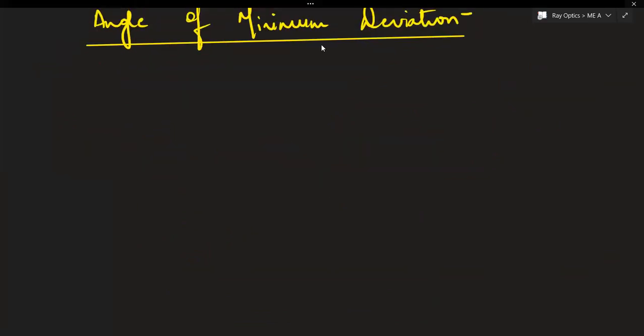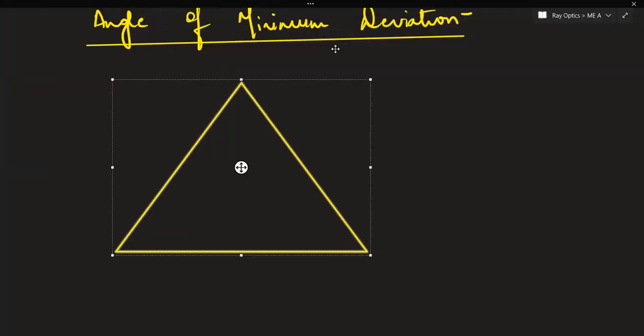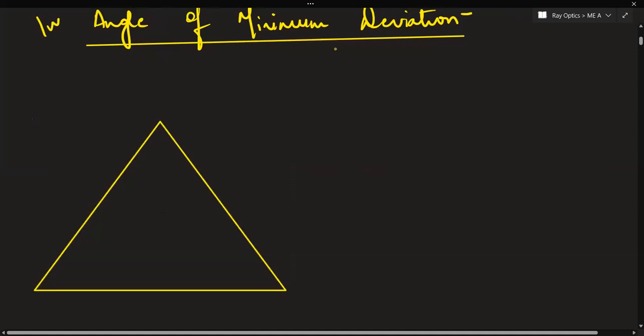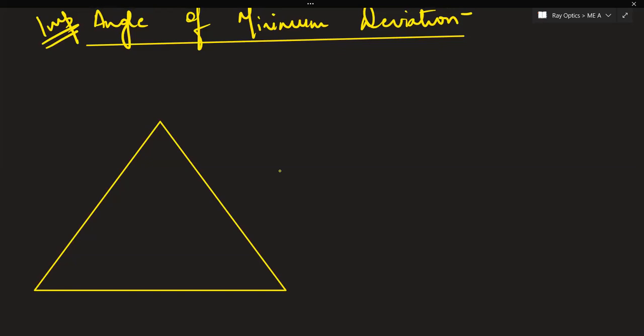Let me draw a prism and show you. This derivation is important, class. This derivation is very important because your external examiner, if you get this experiment in your practicals, can ask you questions from here as well and can ask you to prove the derivation. So be prepared with this derivation at least. Fine. Now see, class.